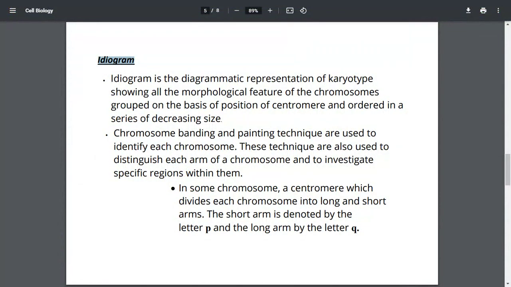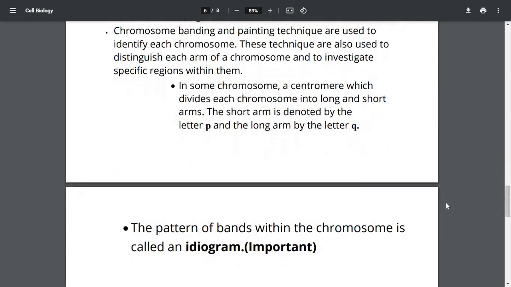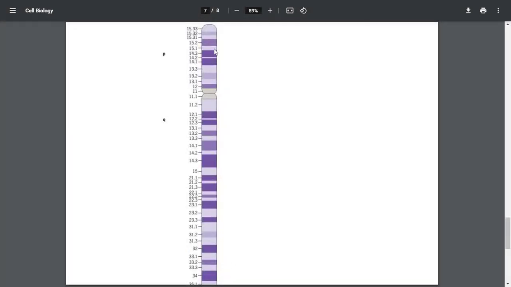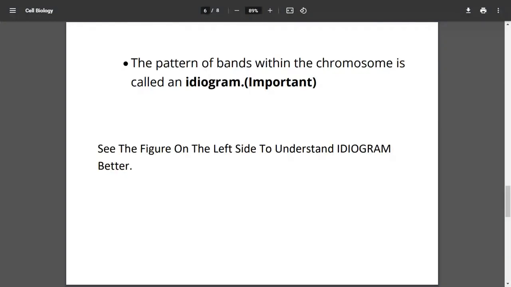So ideogram is nothing but the diagrammatic representation of karyotype. During ideogram we see that the chromosomes have some bands which contain alleles, or you can say the genes. These are observed while using the technique of ideogram.